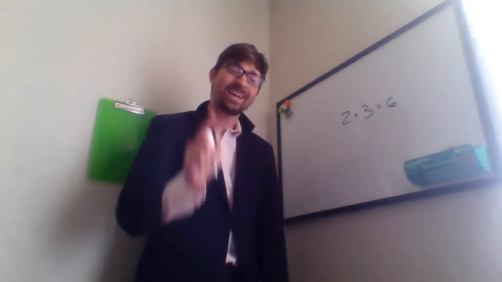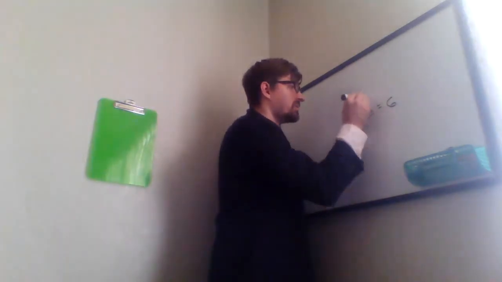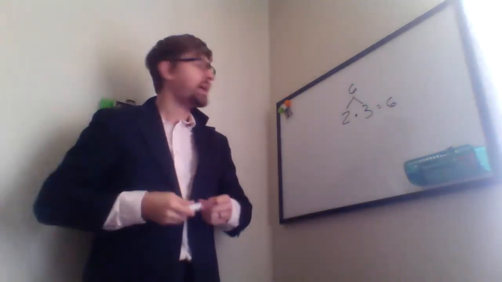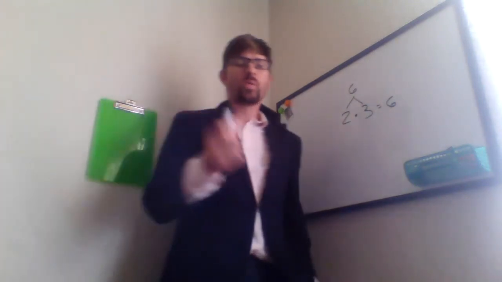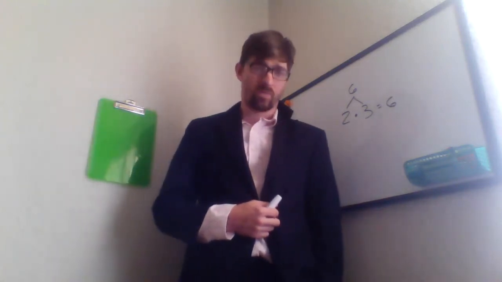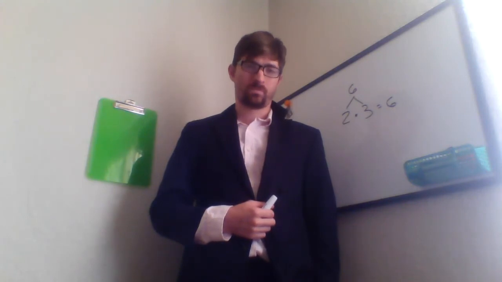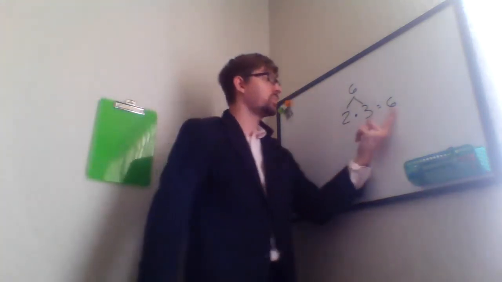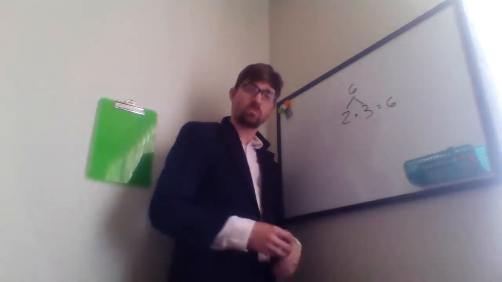But instead of putting 6 here, I'm going to put it on top of these. Okay? Hence why you get what's like a tree. For those of you that are a little bit more learned in mathematics, this is known as prime factorization. Okay? All right. So 2 times 3 equals 6, which is the same thing as saying 6 is on top of these guys. Okay?